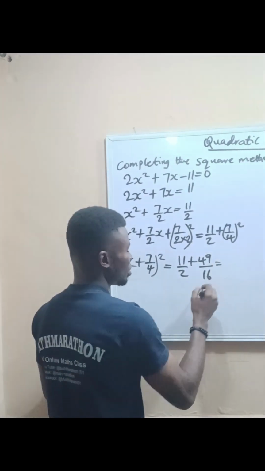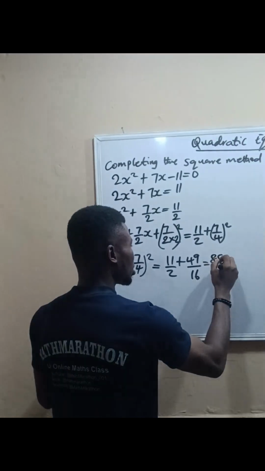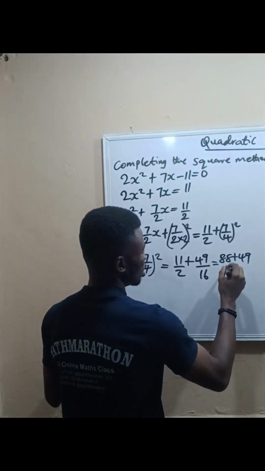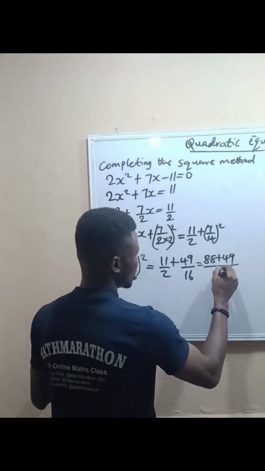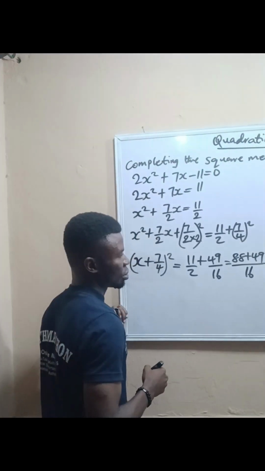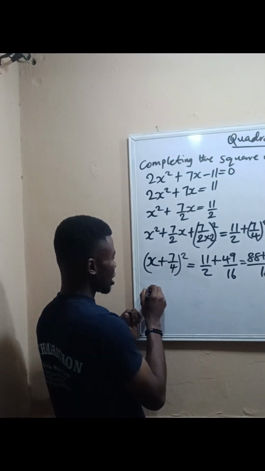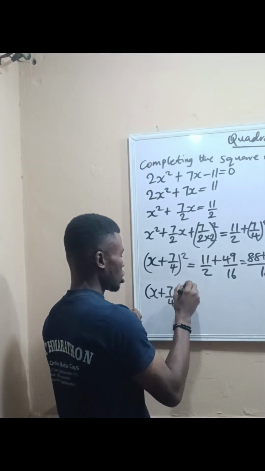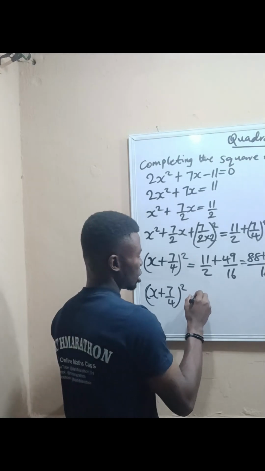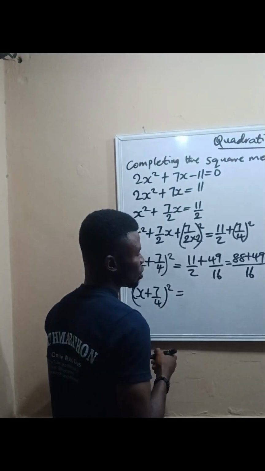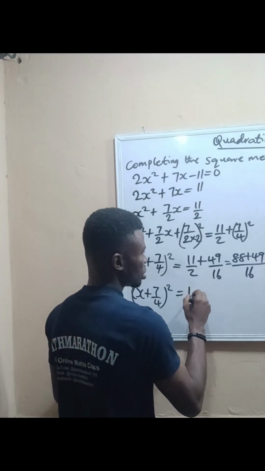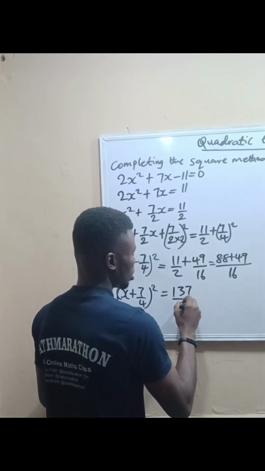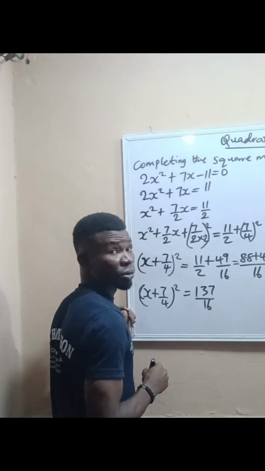And when we add this side, we have 88 plus 49 all over 16. And then we have x plus 7 over 4 all squared is equal to 88 plus 49, which will give us 137 all over 16, right?